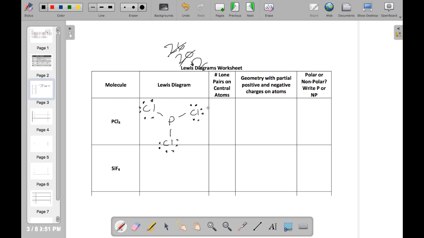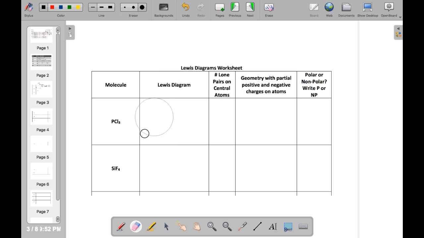Well, I already have an octet around each one of these atoms. I cannot put any more around these chlorines. But this phosphorus here only has 1, 2, 3, 4, 5, 6. So now I'm going to come in here and put a lone pair. That's what this is, a lone pair of electrons to fill the octet of this phosphorus. So if I count up each one of these atoms, they all have 8 valence electrons, and that is correct.